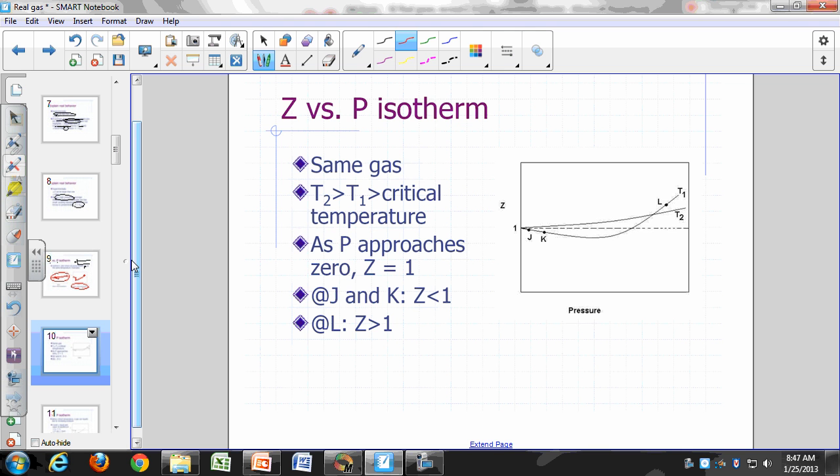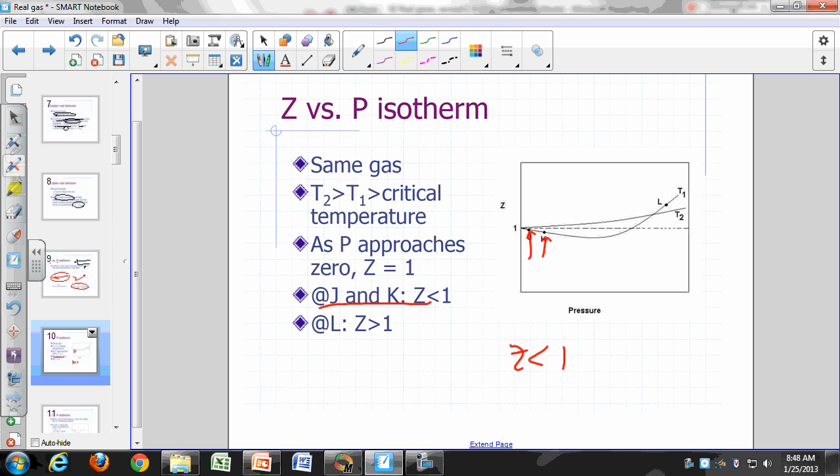Like I said, as pressure approaches 0, Z is equal to 1. Right? So at points J and K, what does it mean? Z is less than 1, right? So what's that telling you about the behavior of the molecules? There are distances where what type of forces predominate?